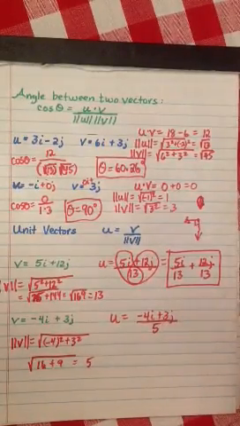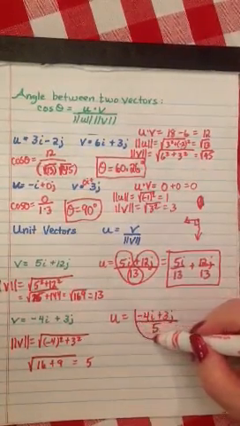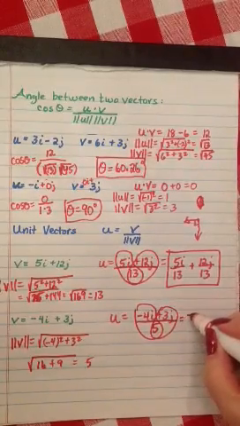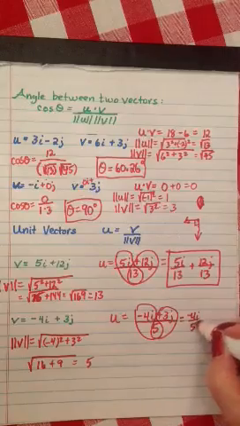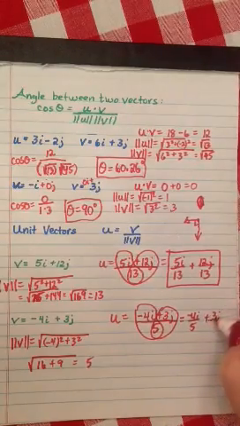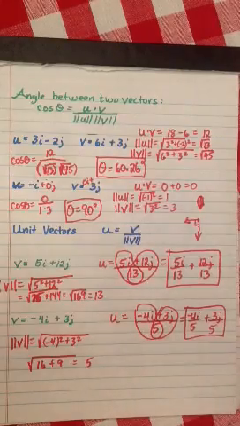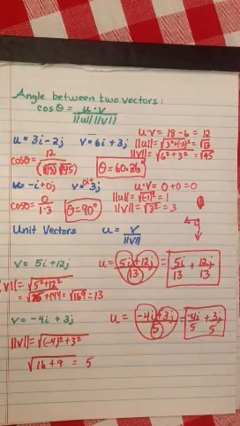So this will be over 5. Once again, I heart math, math hearts me, doing my math correctly. Ta-da! All right, we found unit vectors and we found the angle between two vectors.